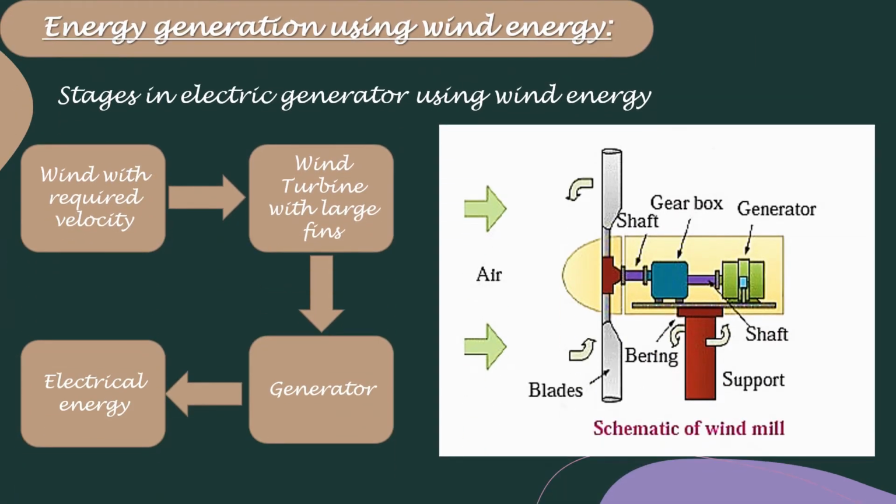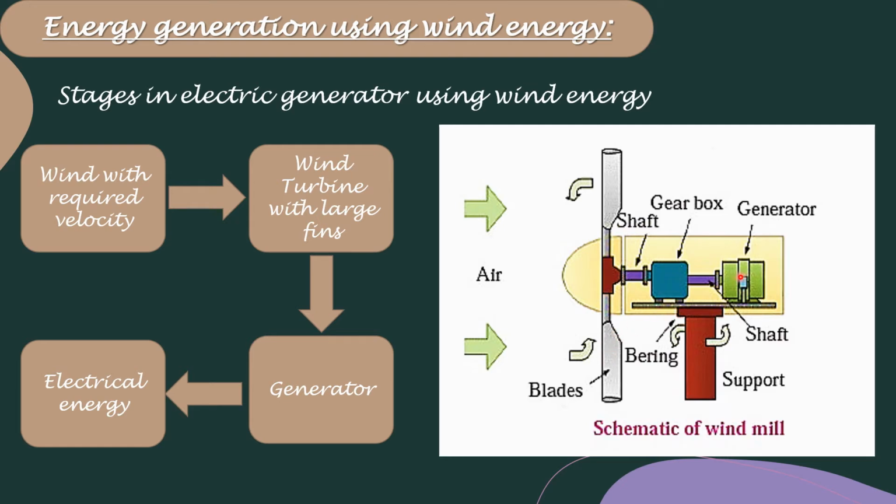Students, now let's understand the stages in electricity generation using wind energy. Electricity generation using wind energy is done with the help of a wind turbine. A wind turbine is a machine used to convert the kinetic energy of the wind to electrical energy. A wind turbine consists of rotating blades, a gearbox, and a generator.